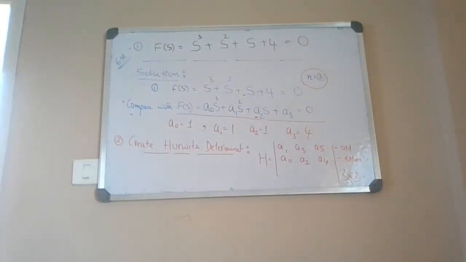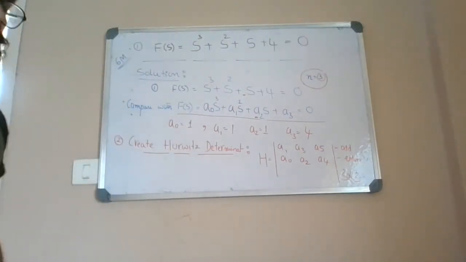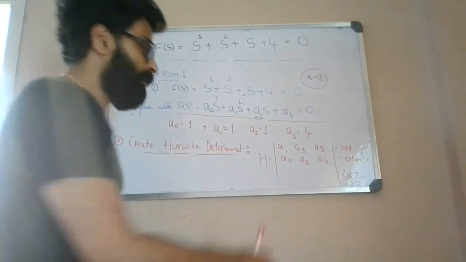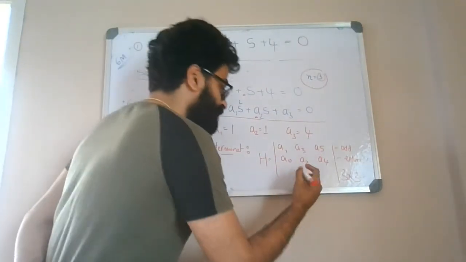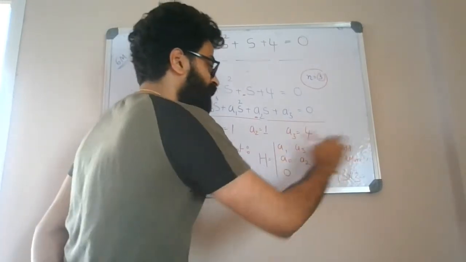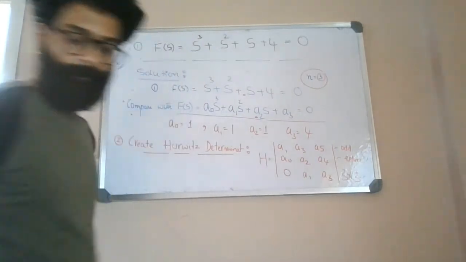So the first 2 rows we have written with ease. And row 3, how will you write? Row 3 is written by putting the first element as 0 and then rewriting the row 1 elements, that is a1, a3. Correct?